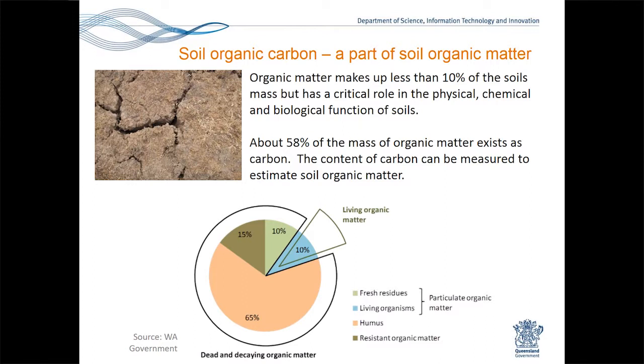Some of it is some of those fresh residues, and you can see here on the surface of this cracking clay, you get some of that fresh residue incorporated into the soil. About 65% of that is that humus, sort of that mid-turnover of soil, stuff that's really coming into that mineral matrix of that soil. And then there's a proportion of it, about 15% of that, which is resistant to microbial attack. So it takes a long time for those microbes to break down that organic matter in the soil.